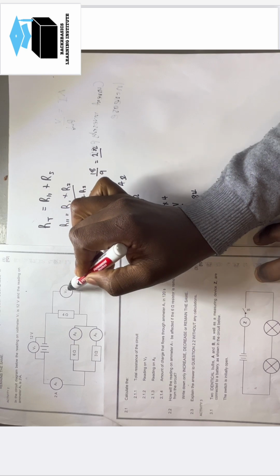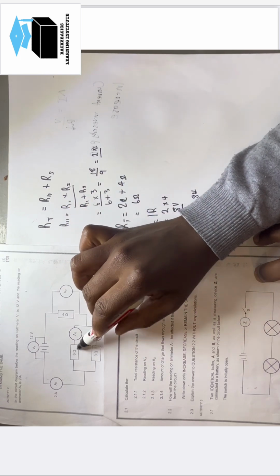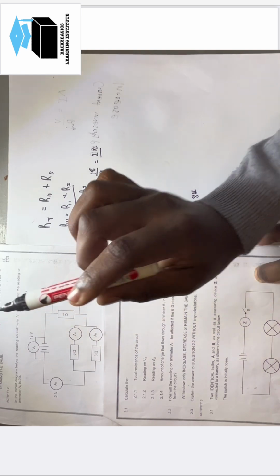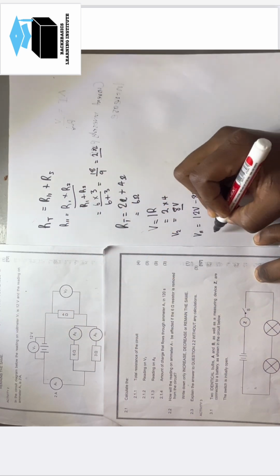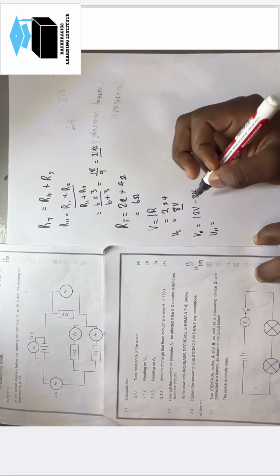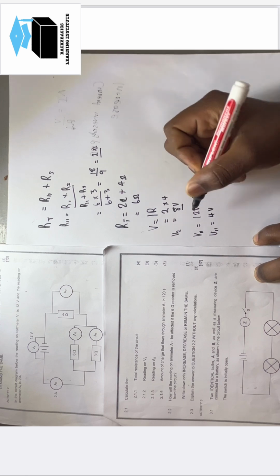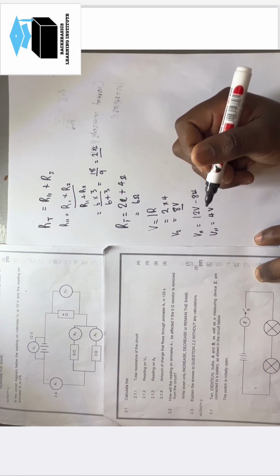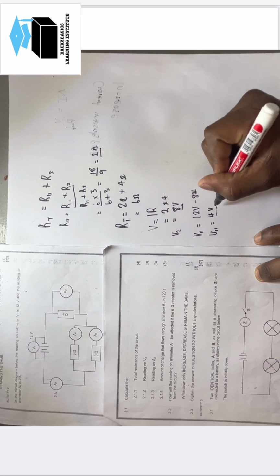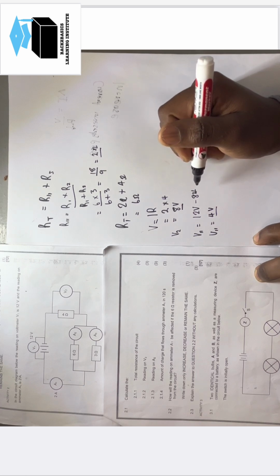Remember that the voltage in here plus the voltage of your parallel connection must still give you your 12 V. So therefore V parallel is 12 subtract 8 volts, which gives you 4 volts. Now that you know the voltage of the parallel connection, you can go and calculate your current.